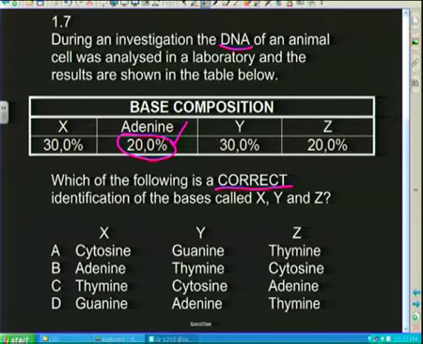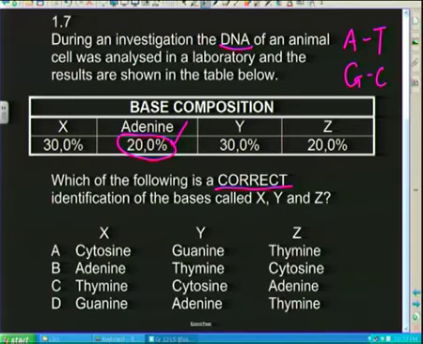Now, they've also said DNA. That is your hint. Always know, is it RNA or DNA? 20% in DNA. What is its complementary partner in DNA? There again, have your little pen or write your little rhyme next to it.